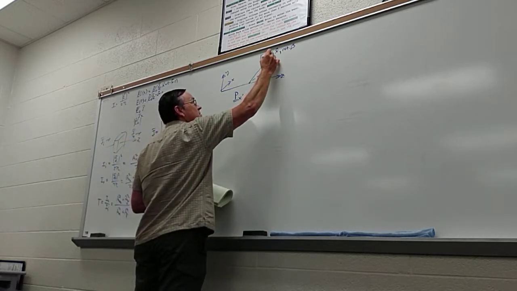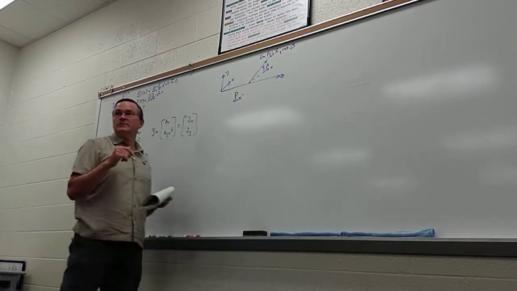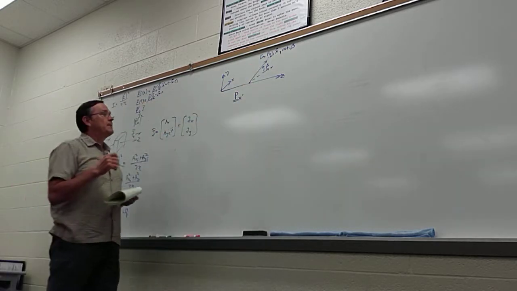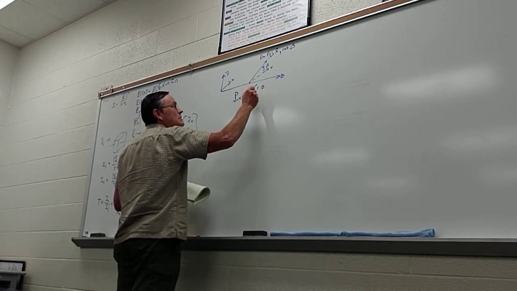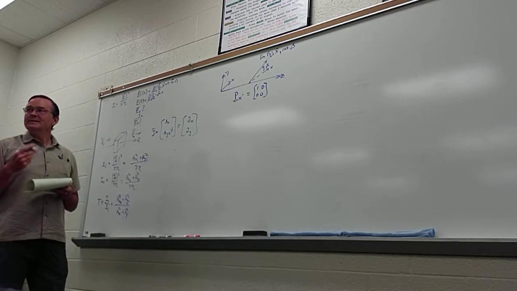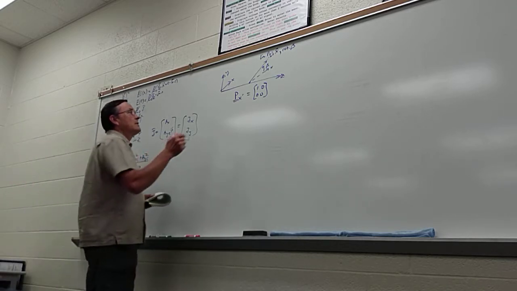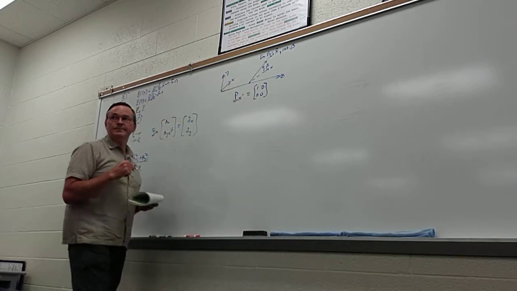If I let this be x prime in the direction of that linear polarizer, then in the x prime coordinate system, I know what the Jones matrix is. It's just 1, 0, 0, 0. Simple enough.